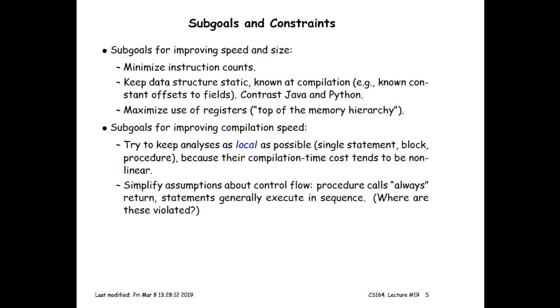Another goal that we might have is to maximize the use of registers, or in general to move things up the memory hierarchy. One of the things that's happened in the last decades is that the speed of processors has become much greater than the speed of memory. So processors can process data much faster than memory can deliver it.